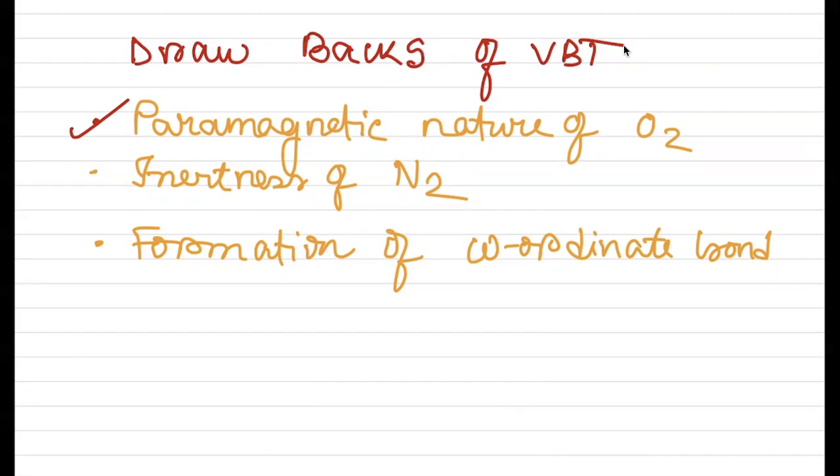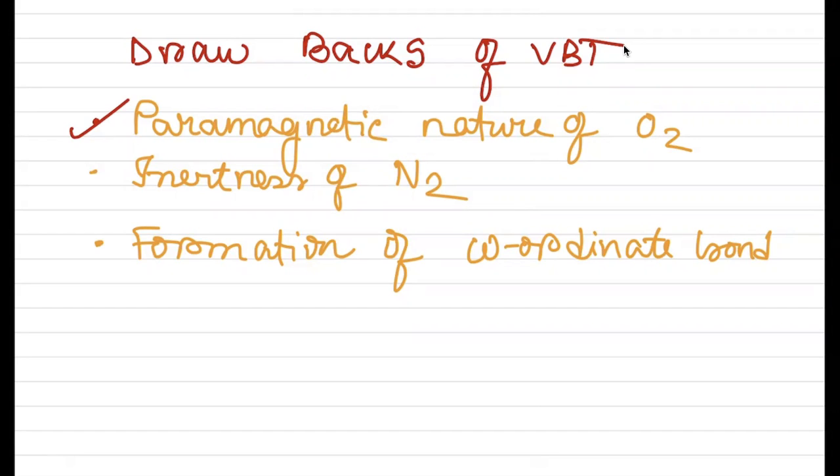Paramagnetic means that if we take oxygen gas between two magnets, it will be attracted by the magnetic field. Paramagnetic behavior is because of the presence of unpaired electrons.